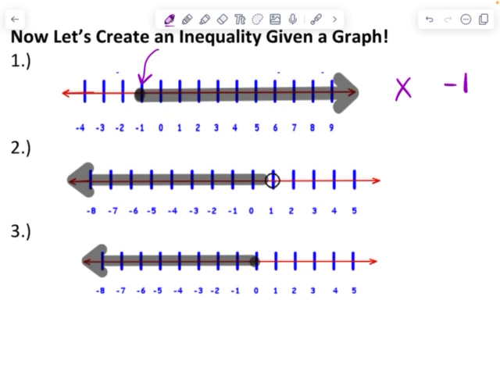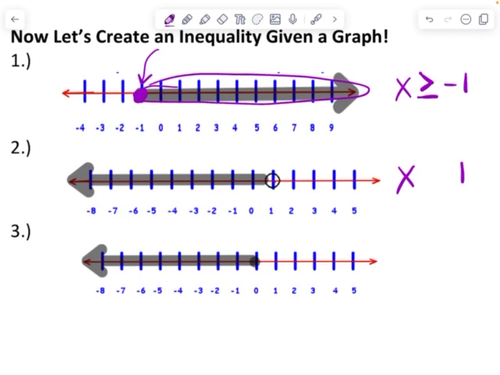And if I look at the number line, where are the values that are part of my solutions? Anywhere it's shaded are part of my solutions. So these values that I just circled are bigger than negative 1. So therefore, it's greater than, and since we have a closed point, I'm going to say equal to. So x is greater than or equal to negative 1.